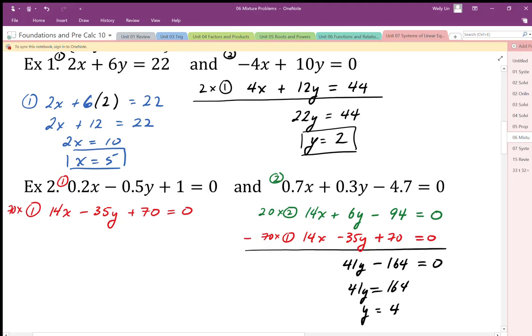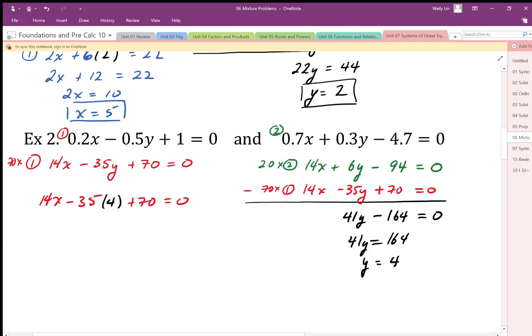Solving for x, I'm going to plug it back into one of these equations. I'll plug it back into equation number 1, and I'm going to use the whole number values. I could plug it into the decimal values, but it looks like it might be easier to use the whole number values. So y was equal to 4. When I do that substitution, I have an equation that has only x.